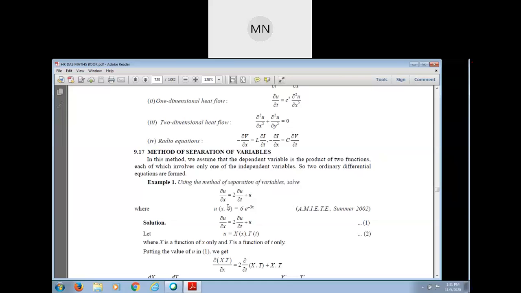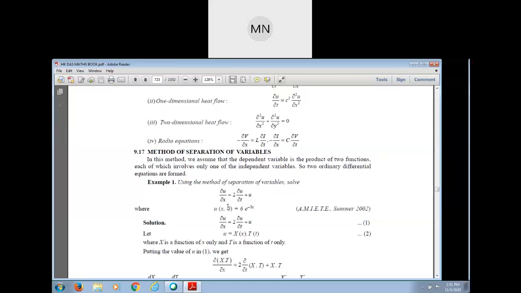Yes, ma'am. Okay then. Now, according to this method, separation of variables, first you have to choose the dependent variable. After that, the dependent variable has to be written as the product of two functions, each of which involves only one independent variable.